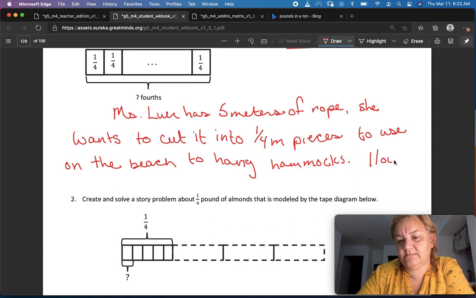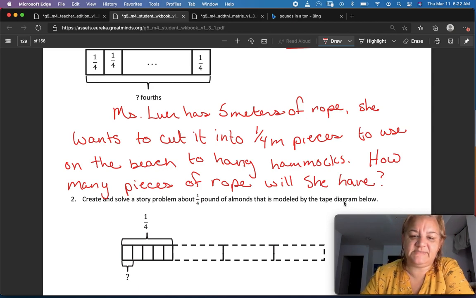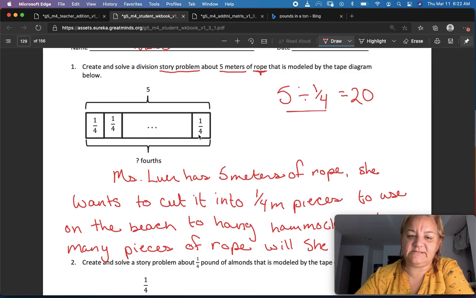How many pieces of rope will she have? Okay, there we go. There's my story problem. And we've already solved it, so 20 pieces of rope.